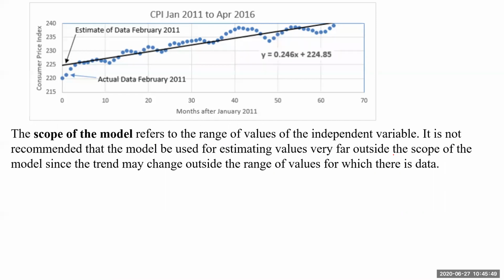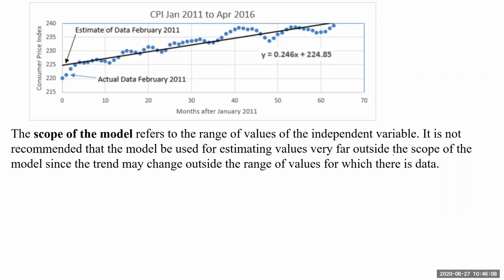Now, the scope of the model refers to the range of values of the independent variable, and it is not recommended that the model be used for estimating values very far outside the scope of the model, since the trend line may change outside the range of values for which there is data, right?